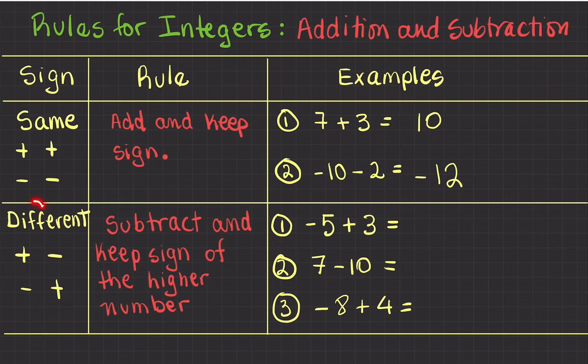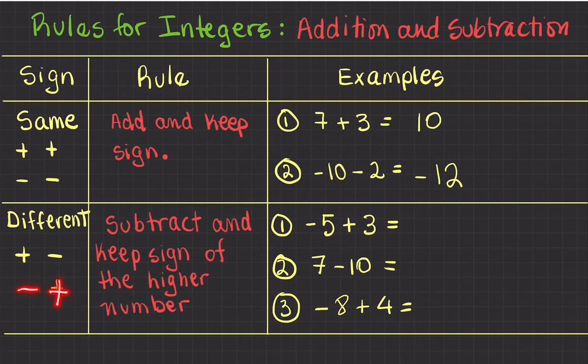Well, what happens if my numbers have different signs? Positive, negative, negative, positive, whatever, but different. Then what you need to do is to subtract and keep the sign of the higher number. So, example number 1, as you can see, you have different signs here, right?